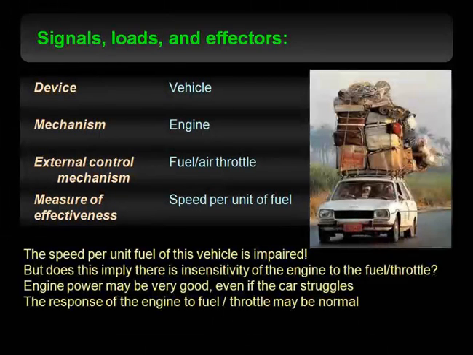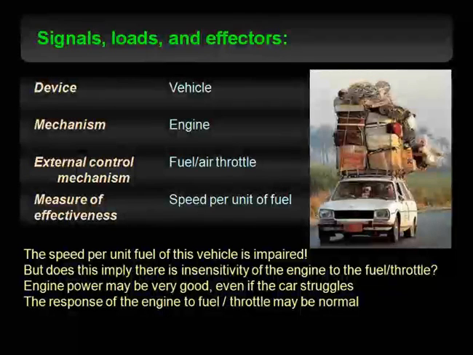Indeed, if we overload that car, you will see that the speed of the vehicle, you can feel it, can't you, immediately is impaired. But does that imply there is insensitivity to the engine, to the fuel or throttle? The engine power may be perfectly normal. The problem is the load we're putting on the system, and we're merely measuring the problem as its speed. It's not the speed which is the defect, it's actually the load put on the engine.